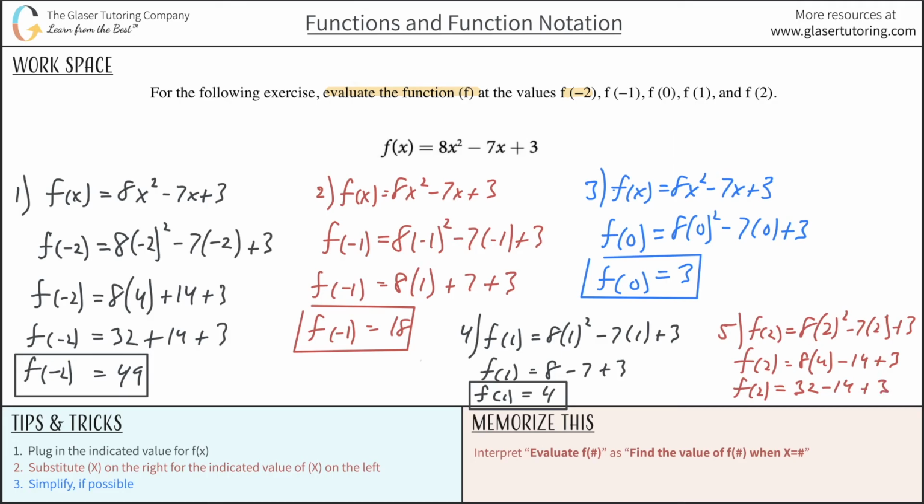This is going to be 18, and then plus 3 is going to be 21, and that should take care of that. I'm just going to double check myself since I'm a little tired at the moment. 32 minus 14 plus 3, I don't want to make a mistake, and it is 21.